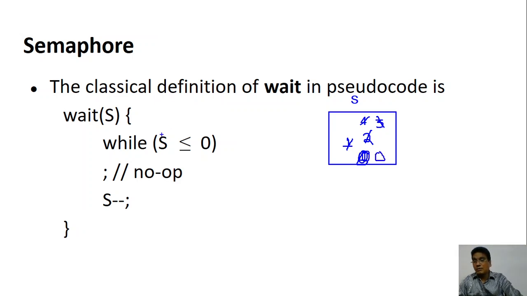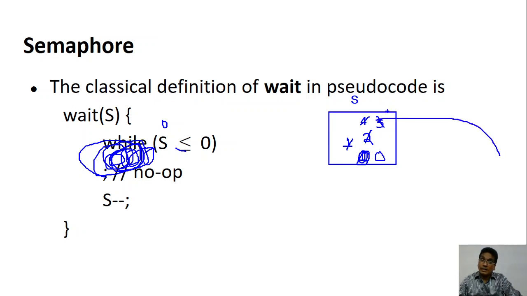When you are at 0, what happens? Is S 0? 0 is equal to 0. In that case, you are here, waiting. Unless somebody magically comes and sets the value of S to 1, 2, 3, 4, 5 or anything, you cannot go.